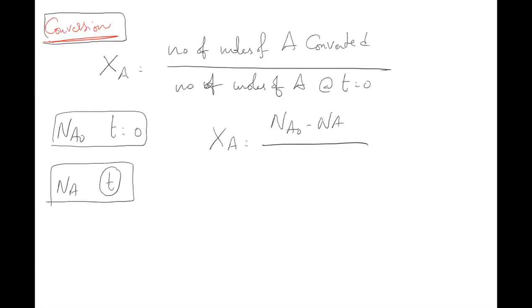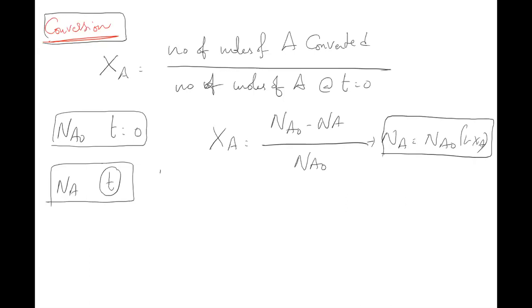Rearranging the terms, you get Na equal to Na naught into (1 minus Xa). This is the conversion.